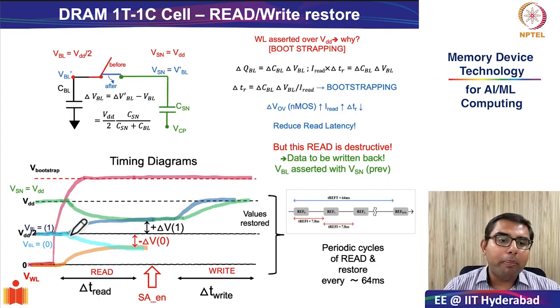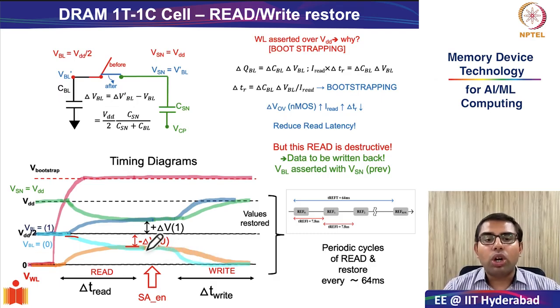So the value of the bit line is reducing and that of the storage node is increasing, and at a sufficient time, a negative VBL, minus delta VBL, gets developed. Initially VBL was positive, now VBL is negative, and therefore the read cycle is completed.